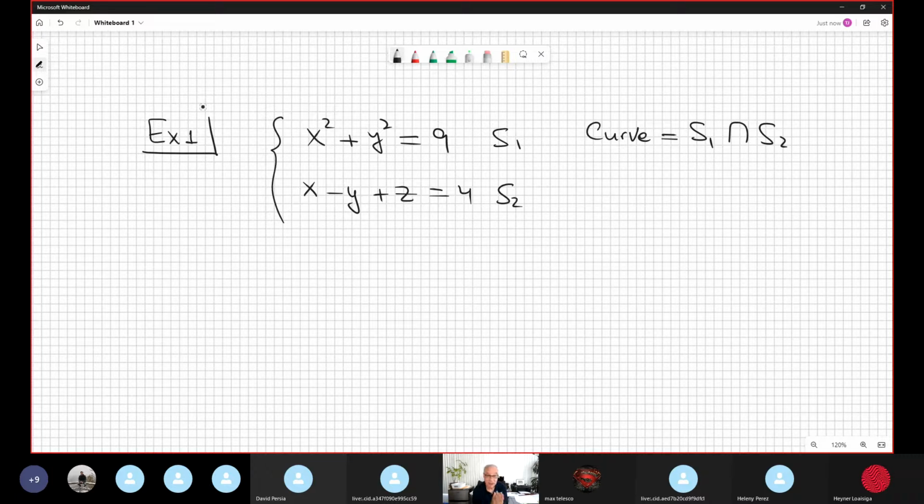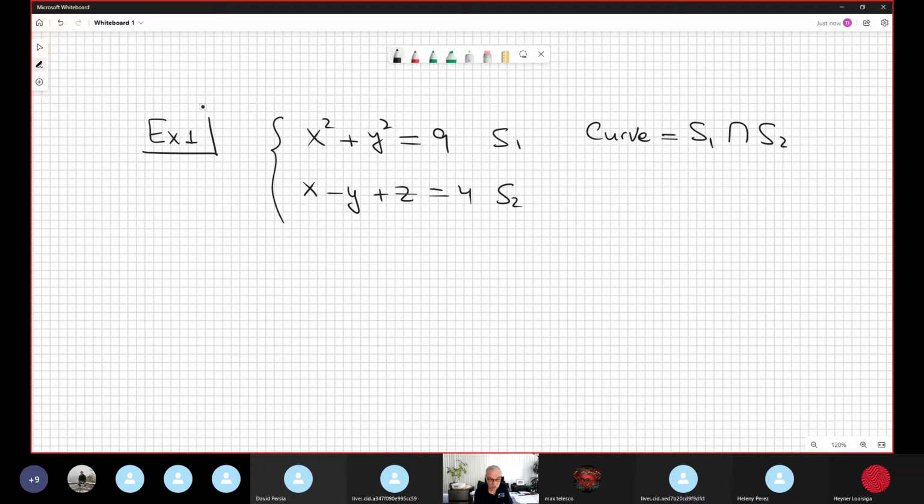In 2D, x squared plus y squared equals 9 is a circle where the center is at the origin and the radius is 3. End of story, in 2D. In 3D, no, because z is missing. If z is missing, this extends forever along the z-axis, and this represents a cylinder.